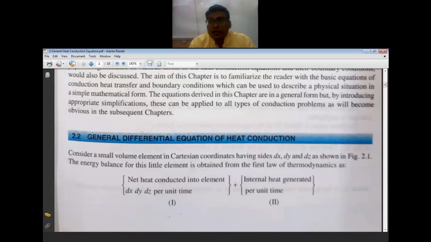This is our basic general equation: input minus output is equal to generation or consumption plus the accumulation.